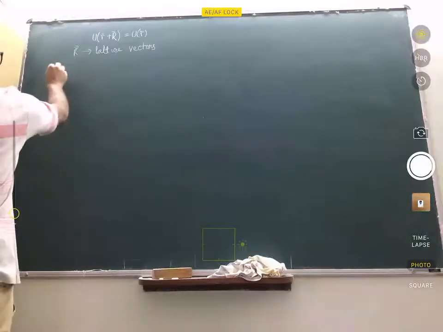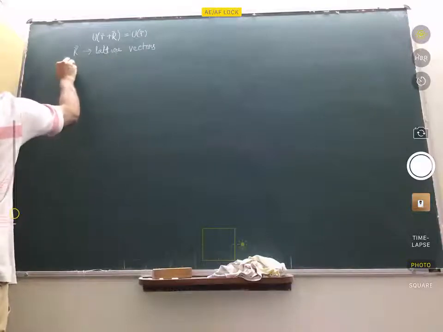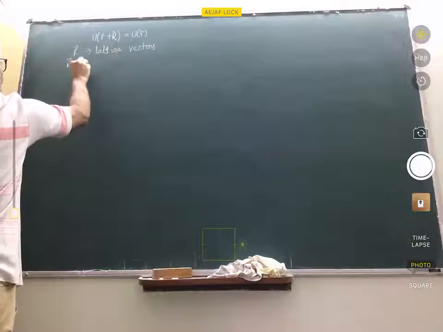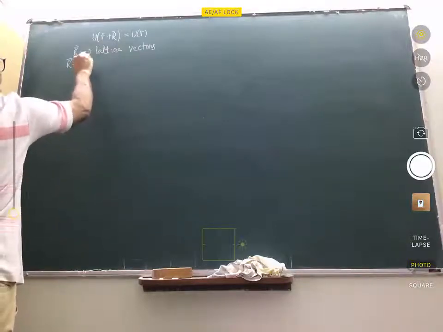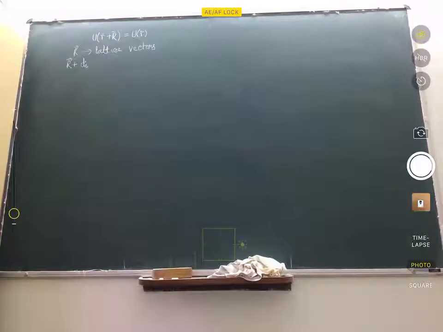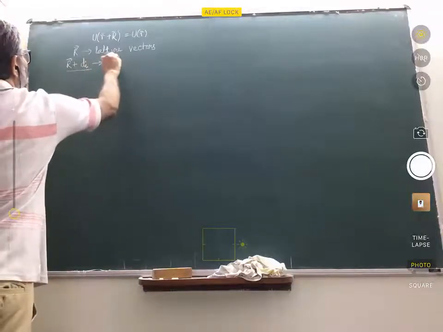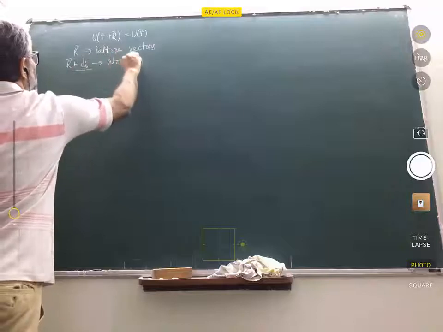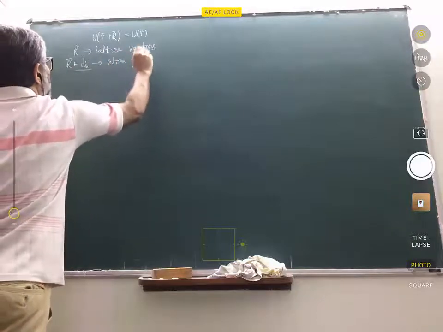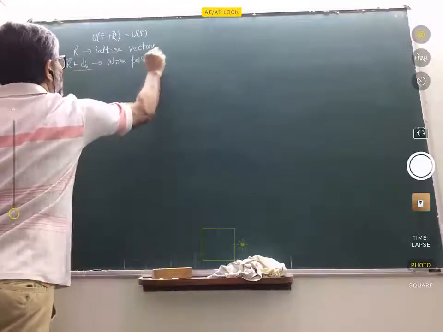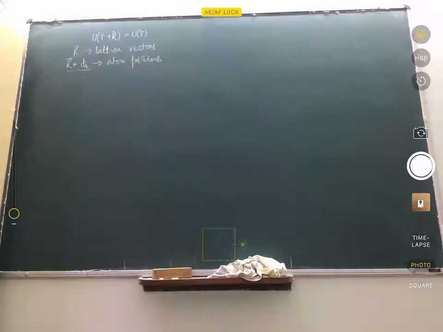And given a lattice vector R, the atom positions are given by quantities like this. So these are atom positions.